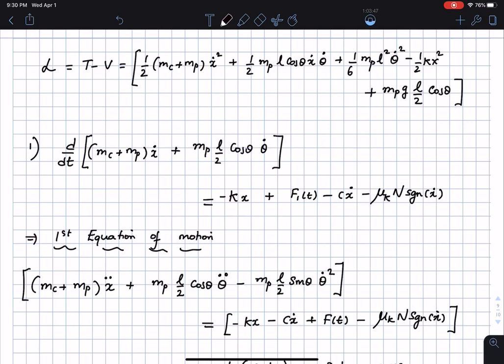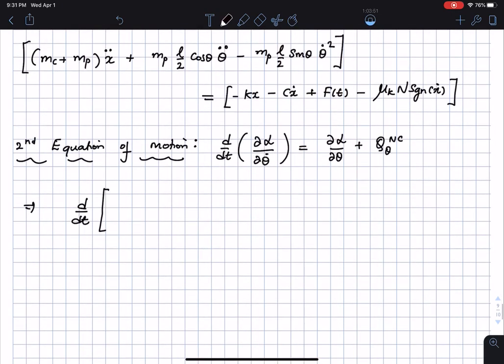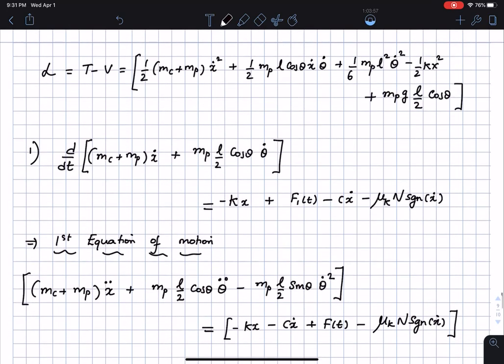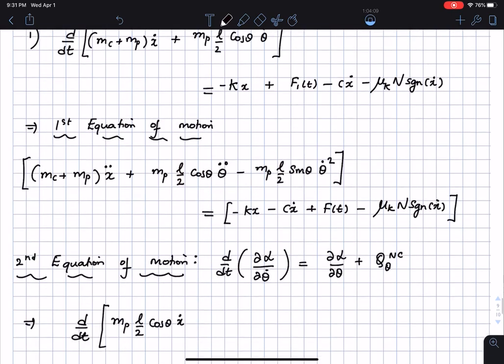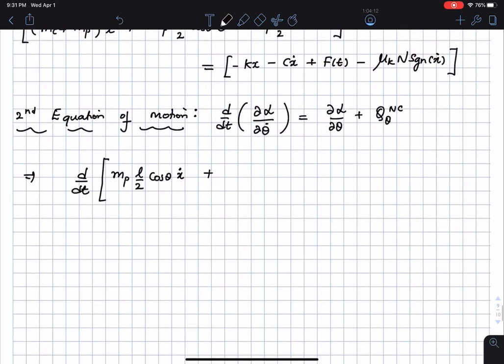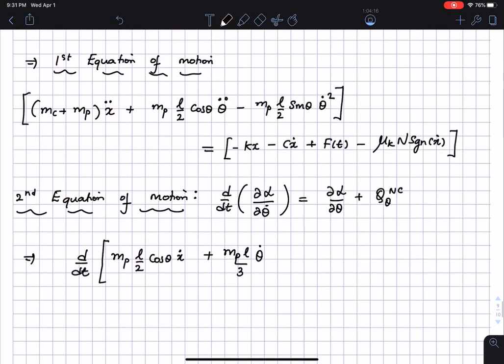There's a term containing theta dot here, which is going to be mp l cos theta x dot by 2. Okay, then there is a term containing a theta dot square, so that's going to be mp l square times 2 times theta dot, and then I have a factor of 6 which means that it's going to be 3, so that's going to be plus mp l square by 3 theta dot.